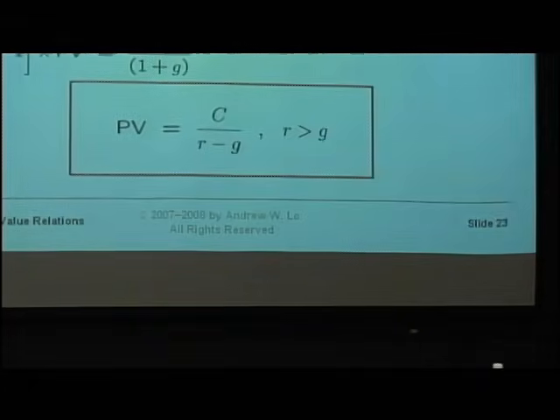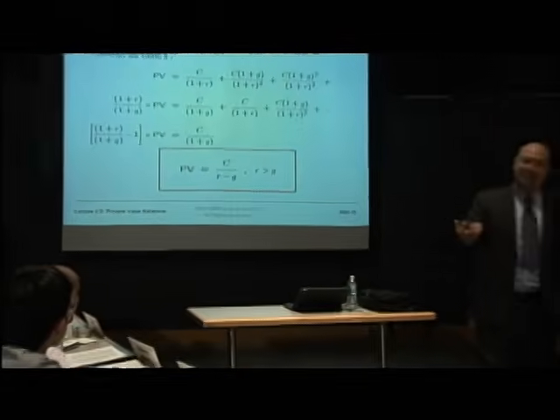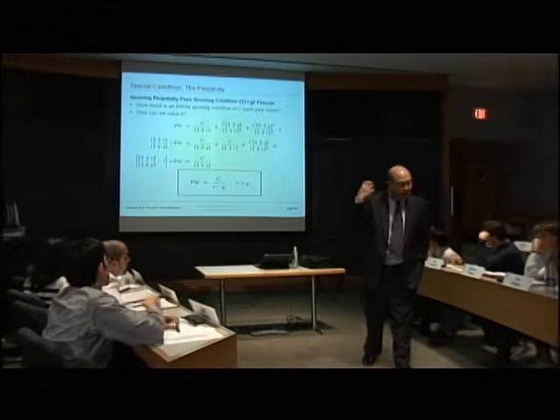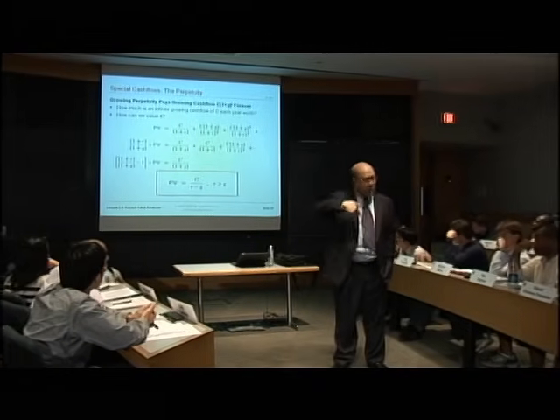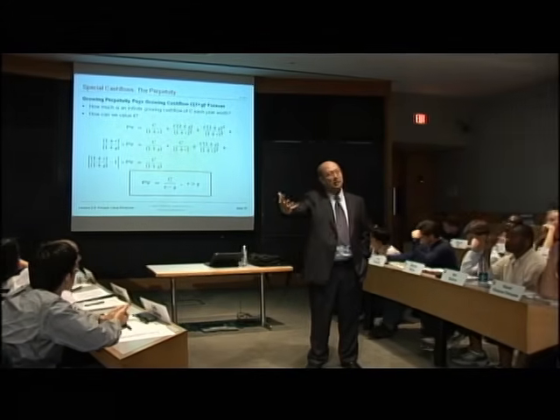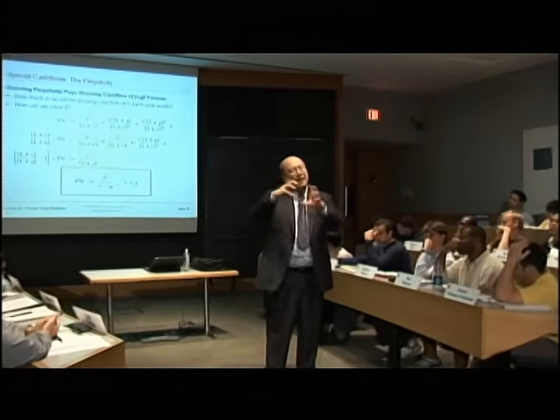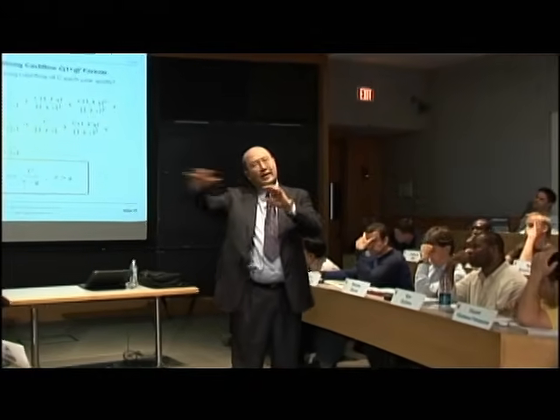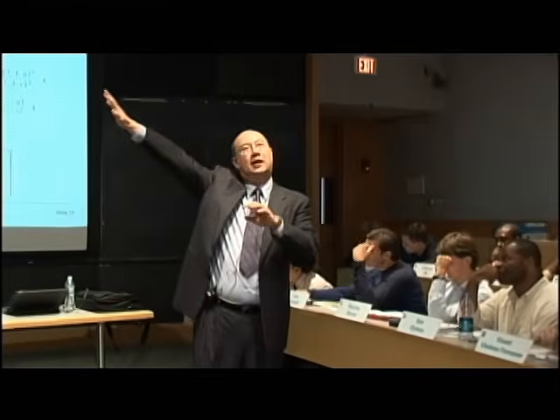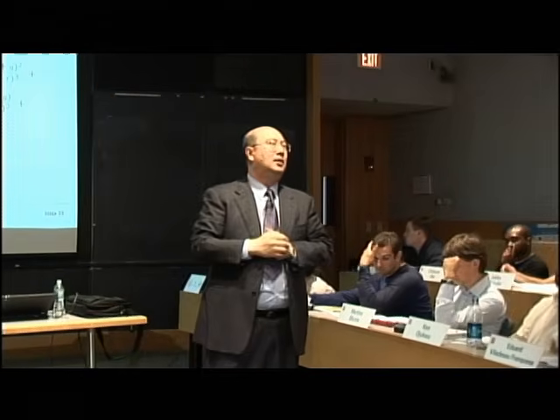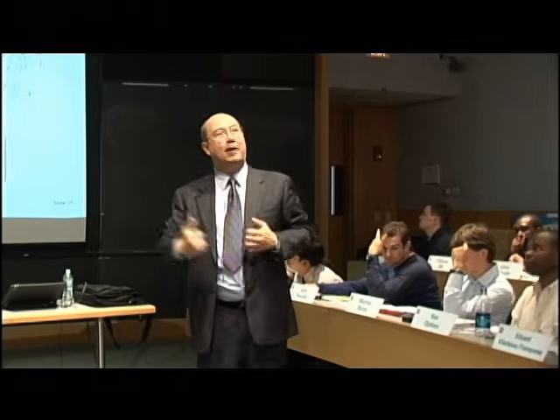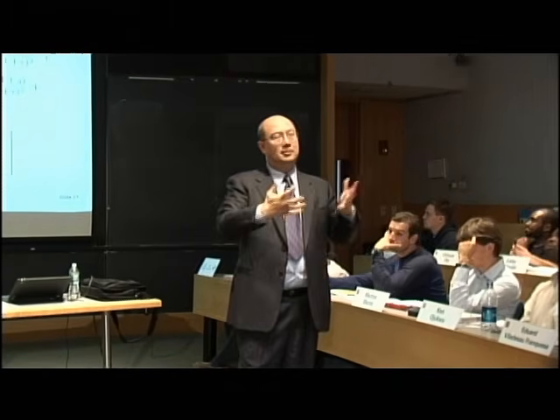Now, when you subtract the growth rate, that makes the denominator smaller, which makes the whole thing bigger, which is the right direction because you're getting a cash flow that is not steady over time, but it's growing over time. So it should be worth more. And it's worth R minus G more, right?